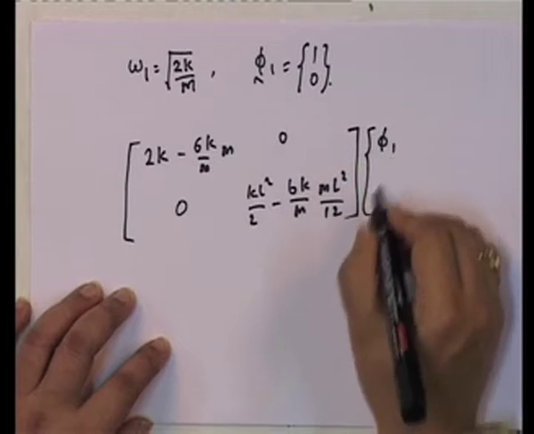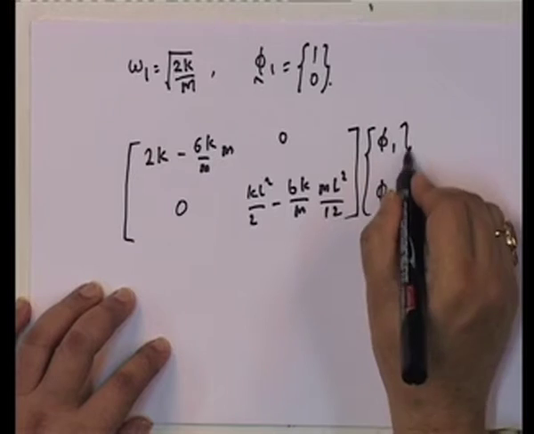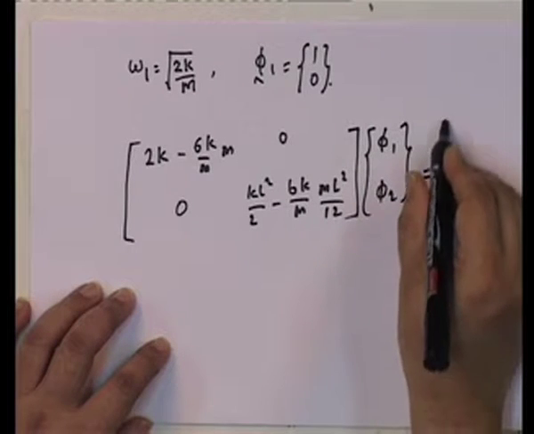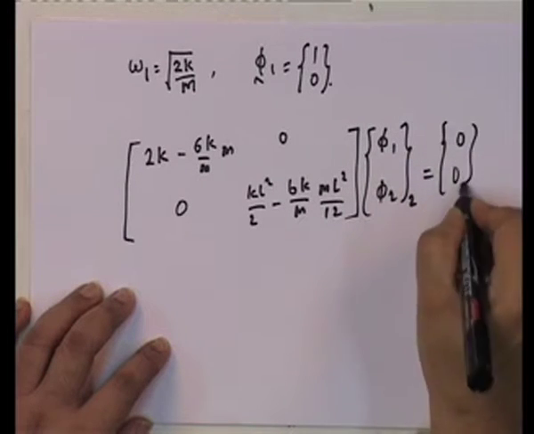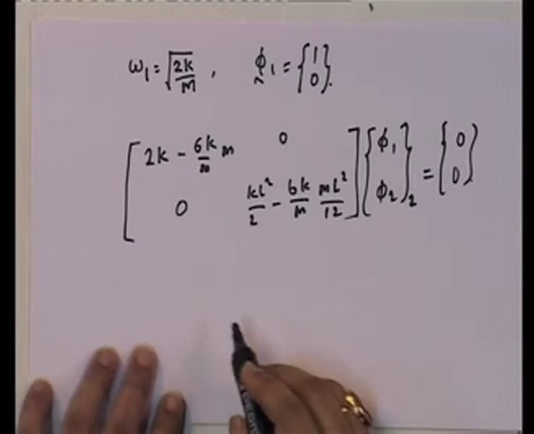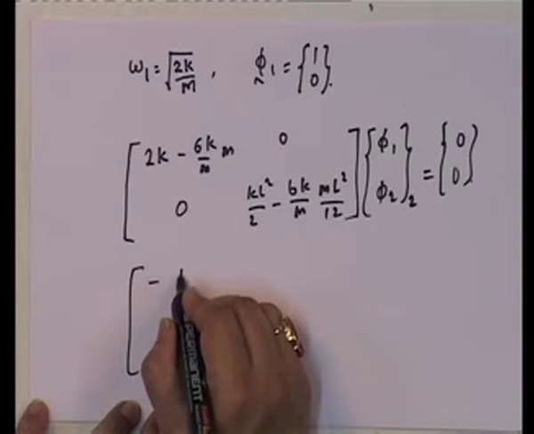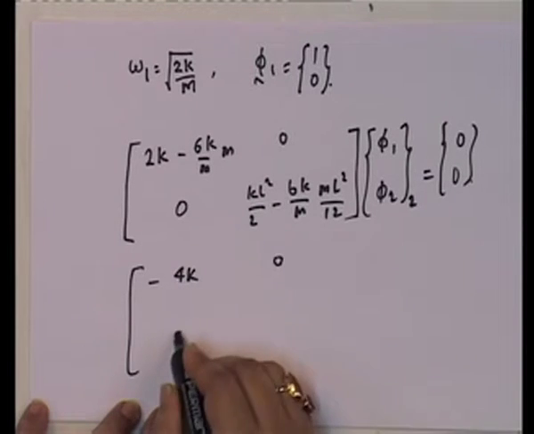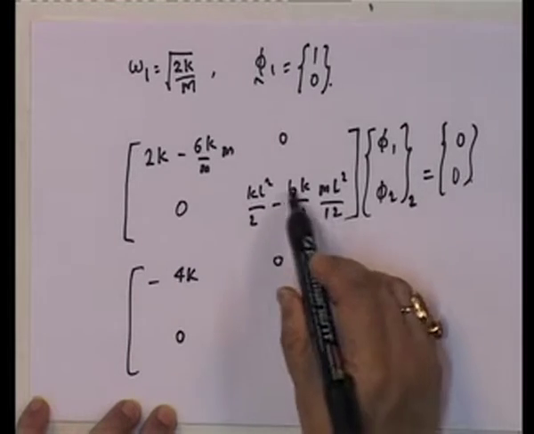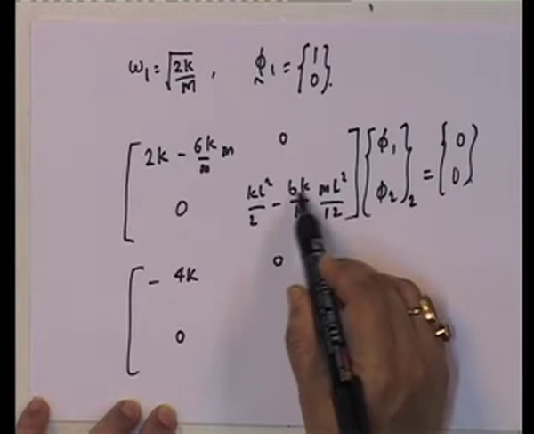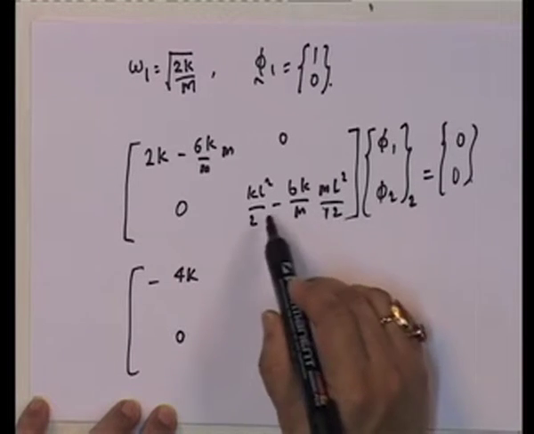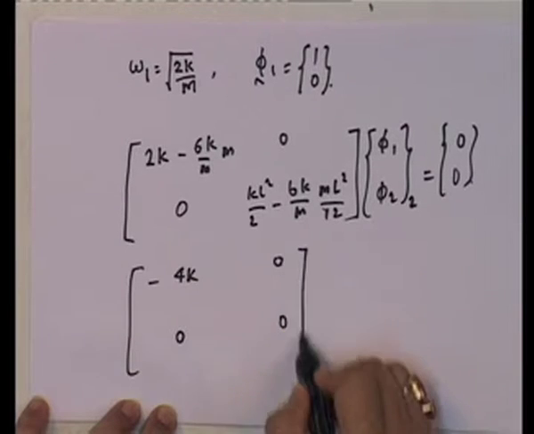So, this is the first and second components of the second mode, and this is equal to 0, 0. Look at the first equation. What does it say? So, this becomes equal to minus 4k, 0, 0, and look at this, 6k, m cancel, 6 upon 12, k L squared by 2 minus k L squared by 2 is 0.